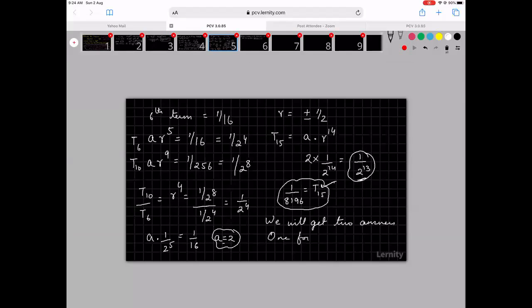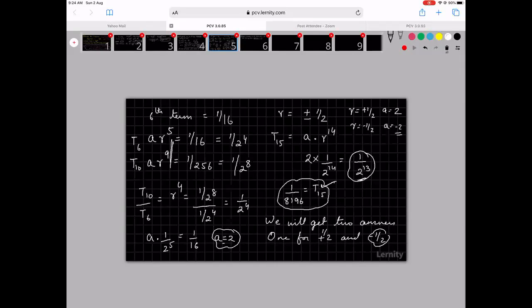One for plus half and one for minus half, because these numbers here are odd. So accordingly, if R is equal to plus half, then A is equal to 2. If R is equal to minus half, then A is equal to minus 2. So accordingly, it will change.